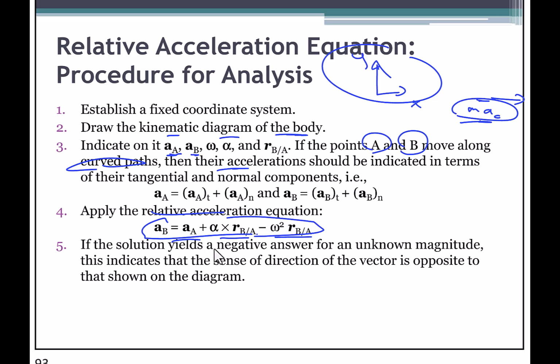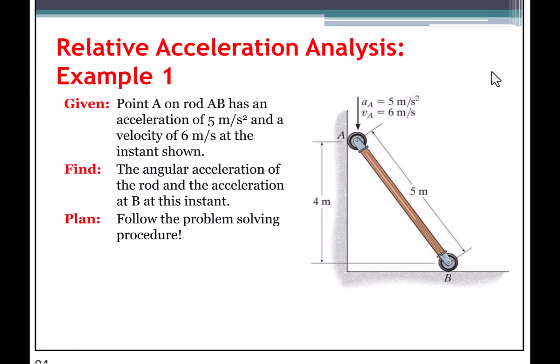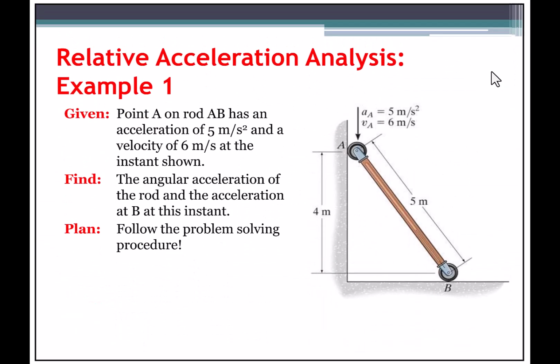If the solution yields a negative answer for the unknown magnitude you're after, then your initial assumption is wrong in terms of direction, and this vector is in the opposite direction to the one shown in your kinematic diagram.